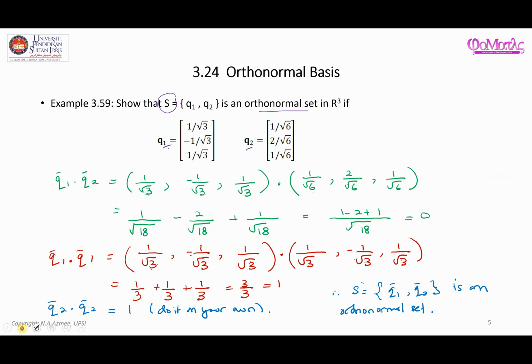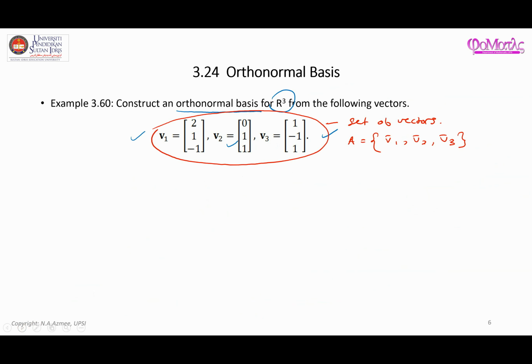However, in this particular example, we have actually done this in the previous video, and we have demonstrated that this A here is an orthogonal basis.